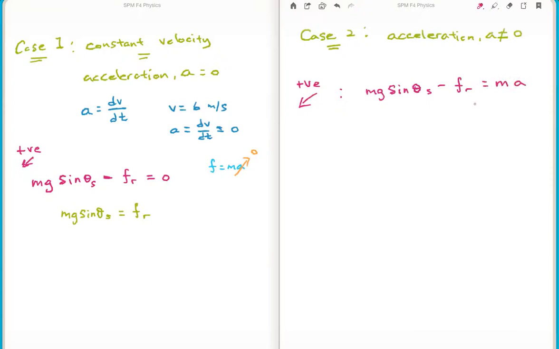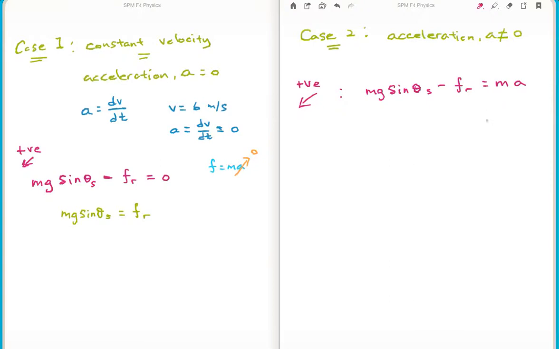This is where you need to look for what the acceleration is. If you're given the angle, you are able to find out the frictional force. Normally they will tell you the frictional force is how many Newtons, the mass and the angle, so you are able to find it. Then you just solve this, divide by m, then you get your a.